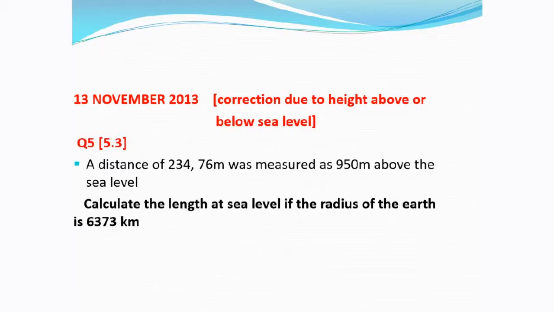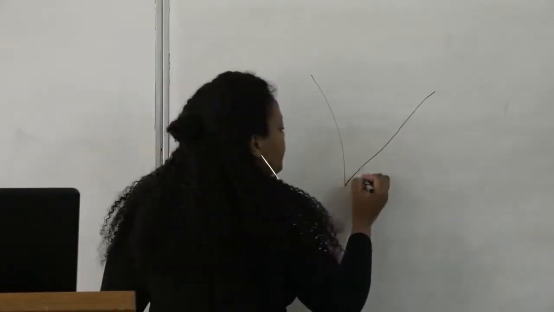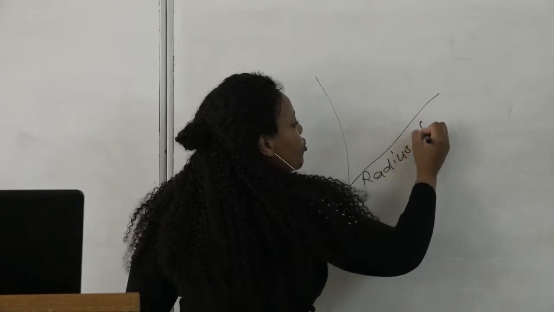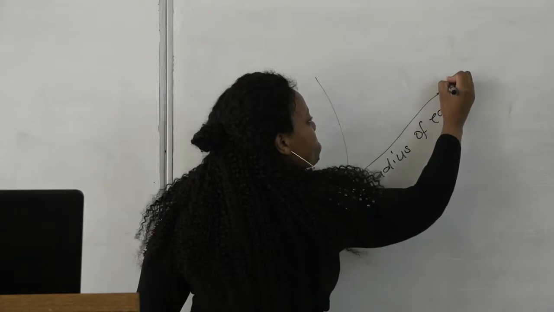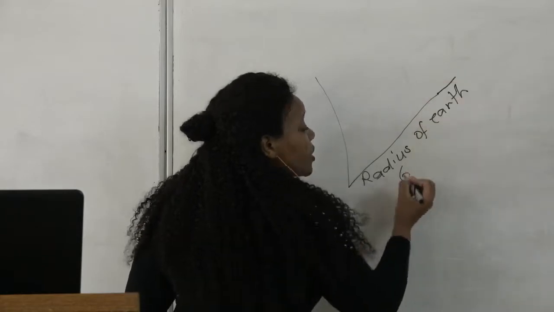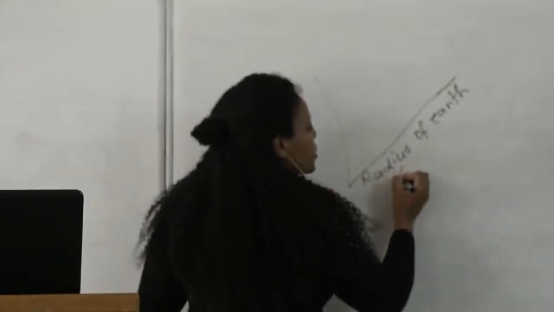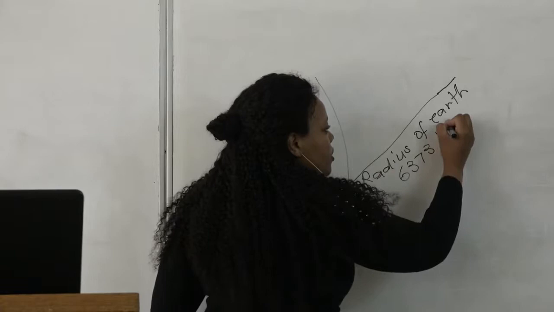Here we were told that the radius of the Earth is 6,373 kilometers.